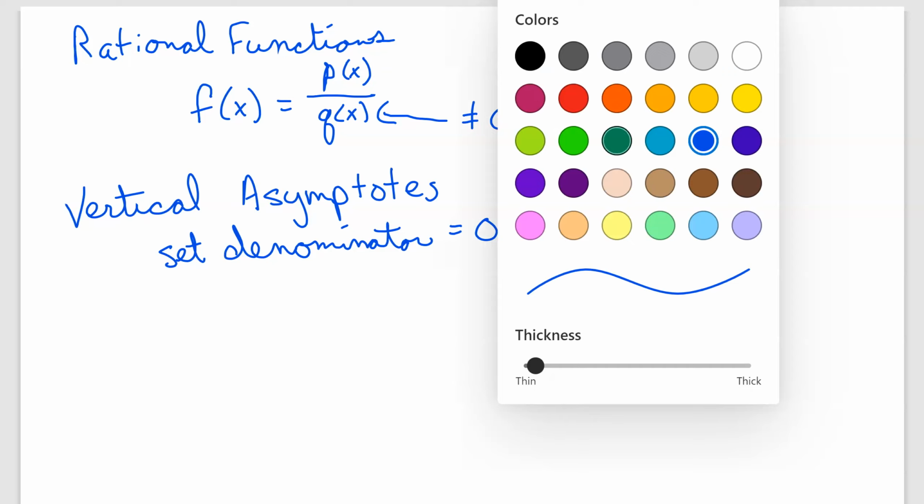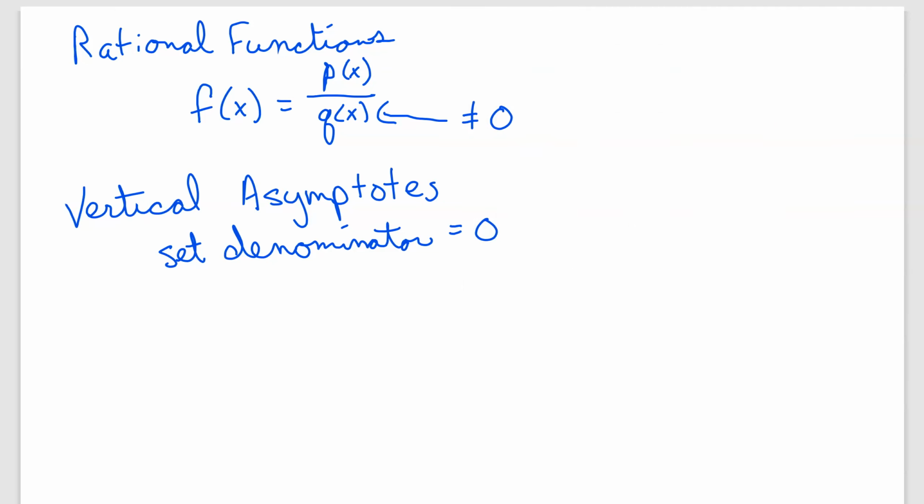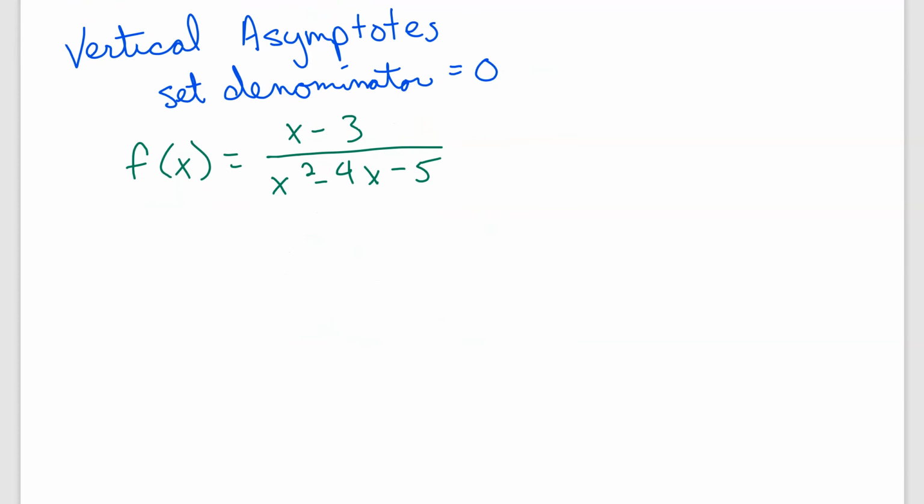For example, if I have the function f of x is equal to x minus 3 divided by x squared minus 4x minus 5, and I want to look at the vertical asymptotes, I'm strictly going to look at this denominator.